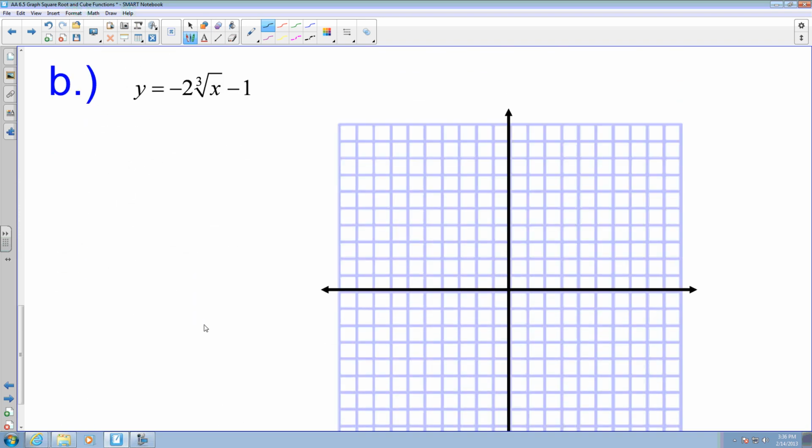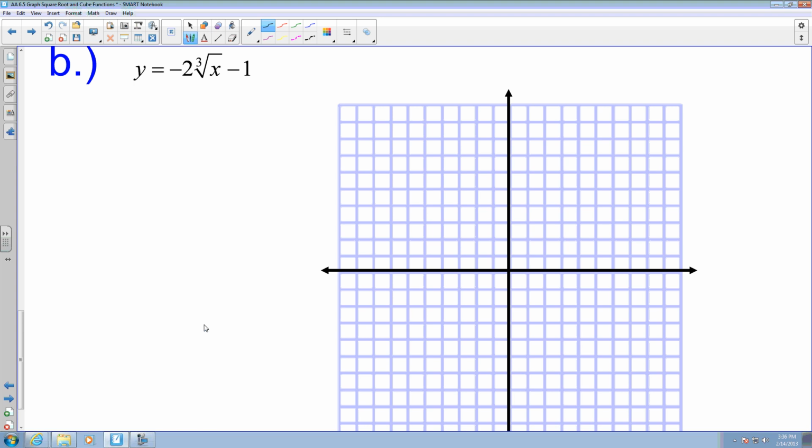And the last one, if I do cube roots, there's no horizontal shift because h is 0 in this particular function. But my k is -1, so that means I'm shifting it down 1 unit. So I can still use the same x values that I used before.